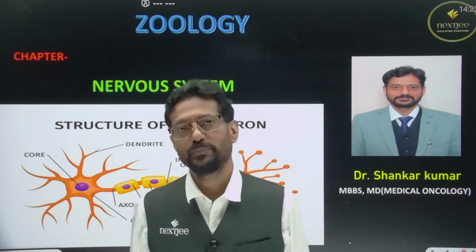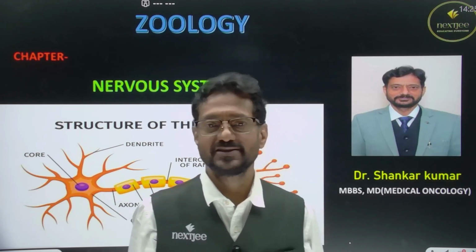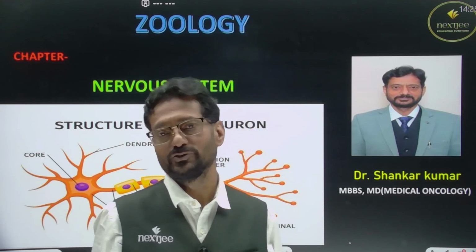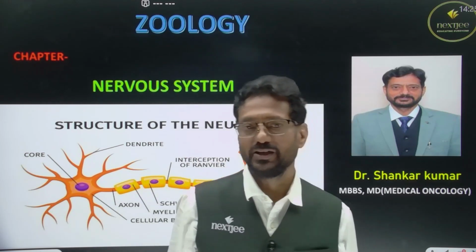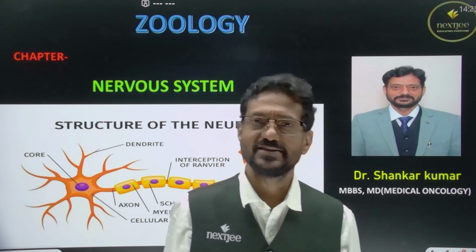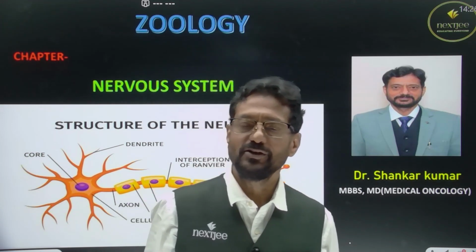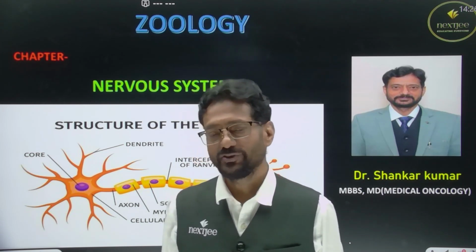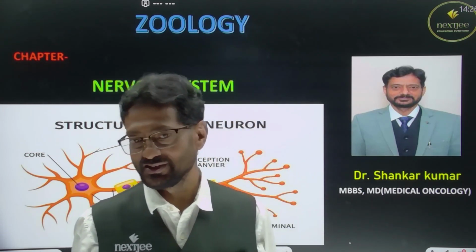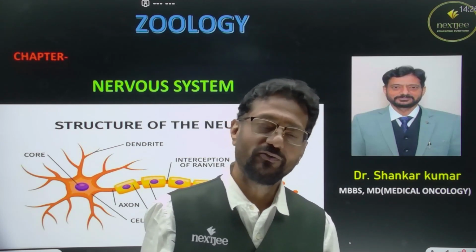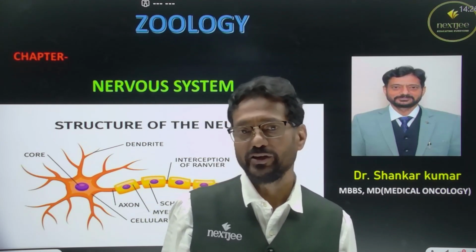A means without, polar means process. Process is an outgrowth. A cell with no outgrowth is simply called an apolar neuron, which appeared first during evolution in Coelenterata, also called cnidarians, where the neuron is there but no nervous system.